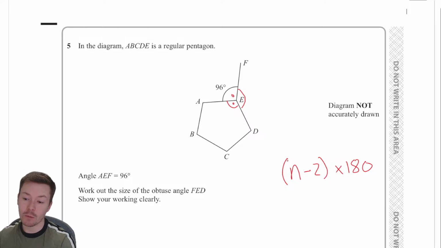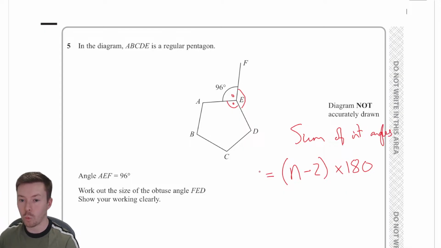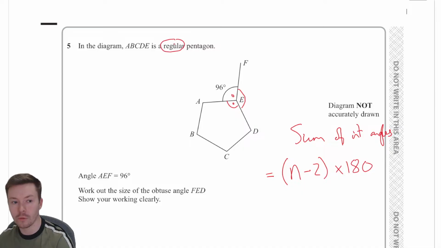Okay, now that is the sum of the interior angles. We need 1. Now, because it's regular, all of the angles inside this shape will be the same. So we can use the sum of interior angles, then divide by 5 to get 1 of them. N is the number of sides.